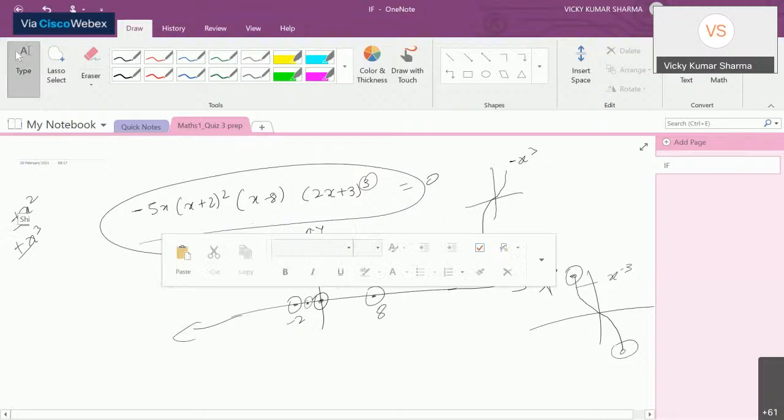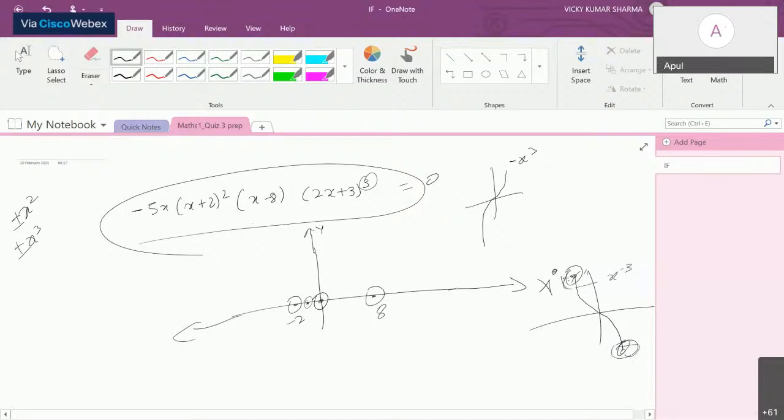If this is going to be negative, then obviously it is going to be somewhere of this type. Where have you found the hint that this is negative? Look at the coefficient of this: the minus sign, this minus 5. I'll tell you how. When you take the square part of this, this is going to be positive, x square.